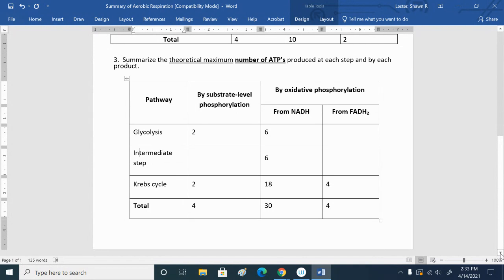The electrons are the source of energy to pump those hydrogens. NADH donates its electrons to the first complex in the chain, which means the maximum number of hydrogens gets pumped, which will yield the maximum number of ATPs. FADH2 donates its electrons later in the transport chain, so the electrons are not able to pump as many hydrogens as the NADH electrons do. So fewer hydrogens means less ATP.